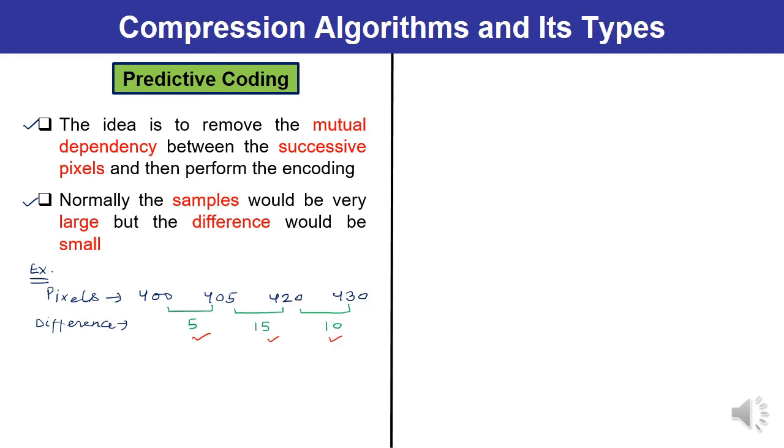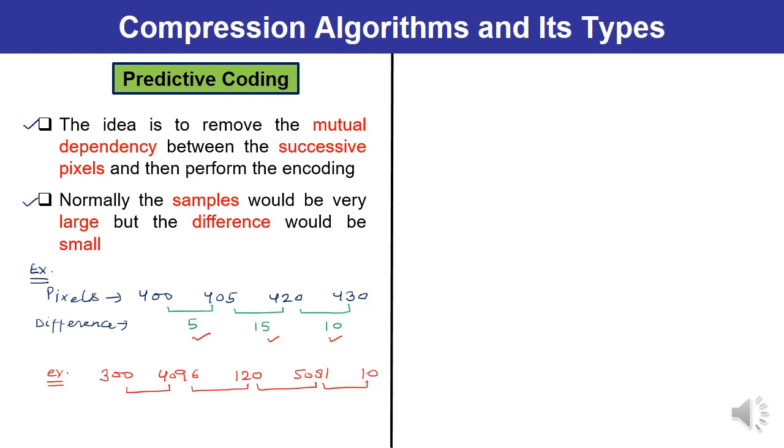But this type of approach does not work effectively for rapidly changing data. For example, if the data set is 300, 4096, then 120, and again 5081, and let us say 10, there is a frequent variation in the difference of pixels.